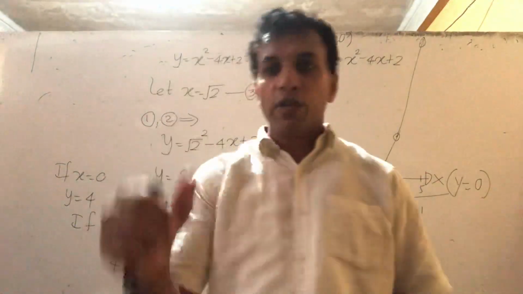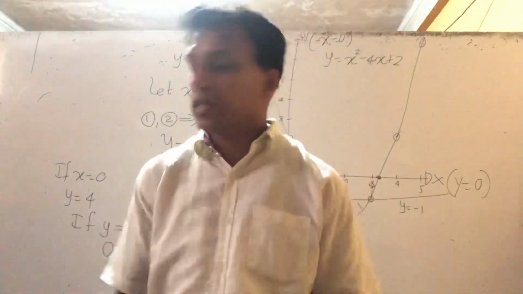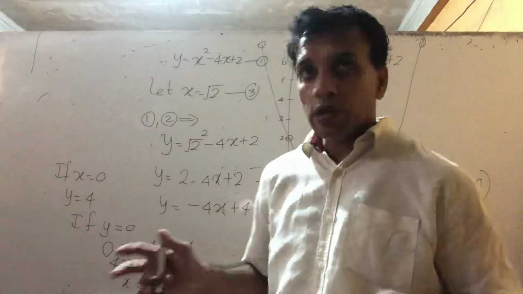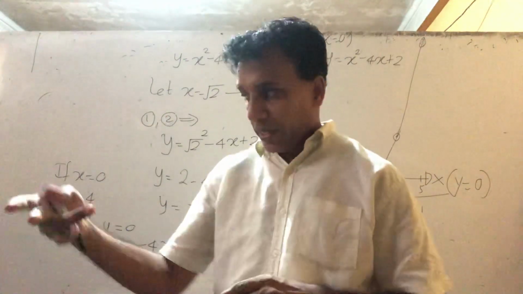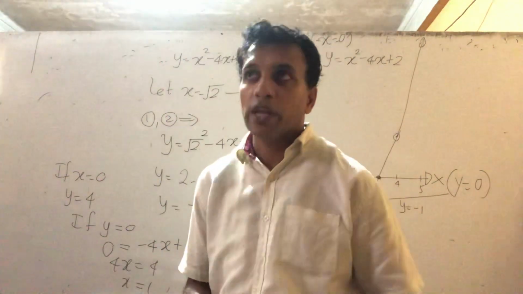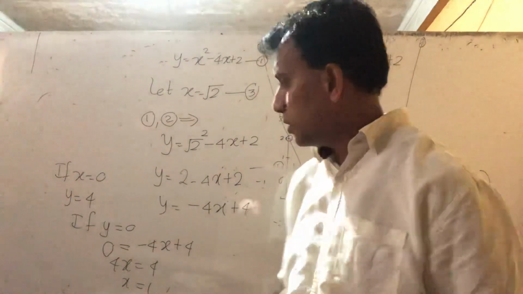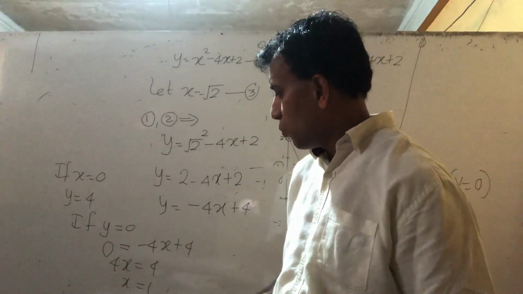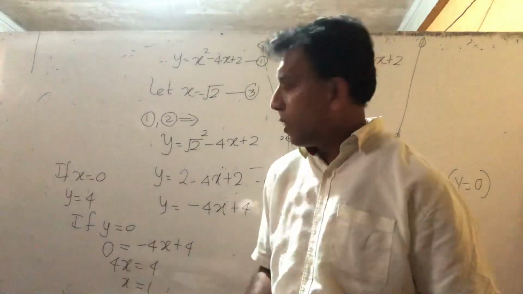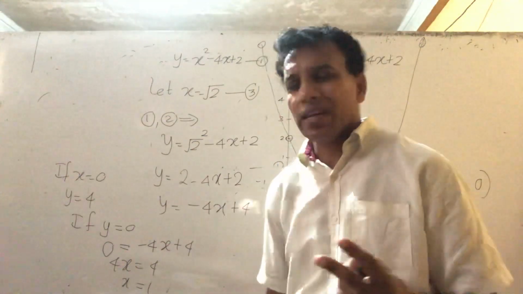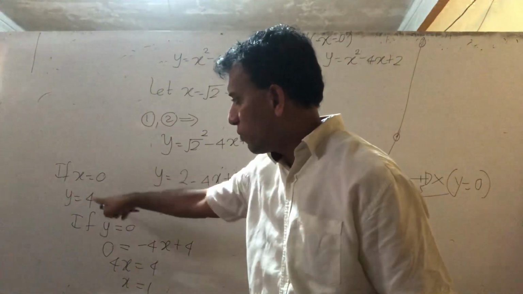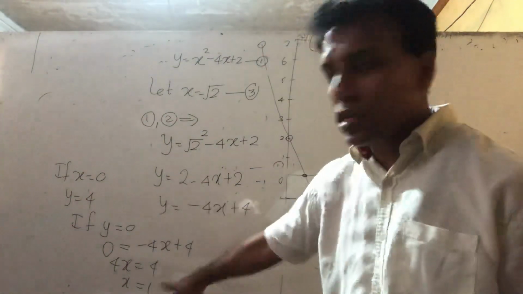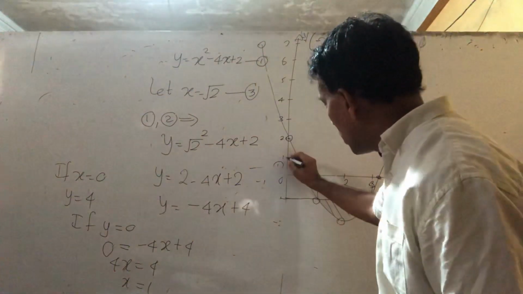If anyone is confused, stop the video and refer to it. You have to work with me, then only will you learn. Later you can refer to this. Definitely you can answer in your future O-level paper this graph chapter. So 4x equals 4, x is 1. It's easy: 2 points you can obtain by putting x as 0 and finding the y value, and putting y as 0 and finding the x value.